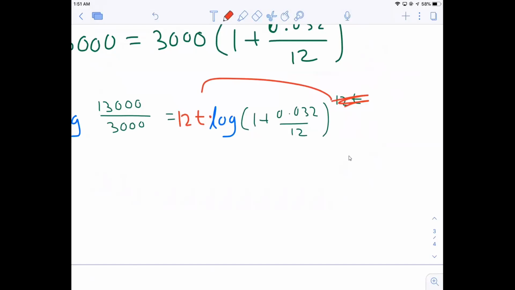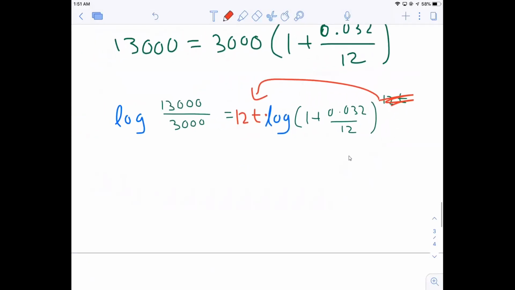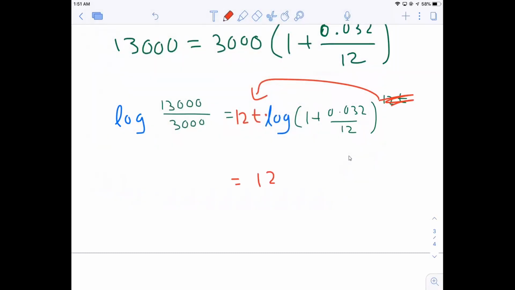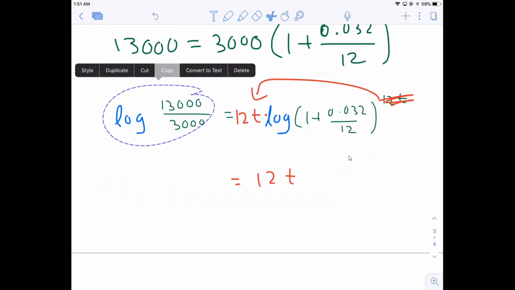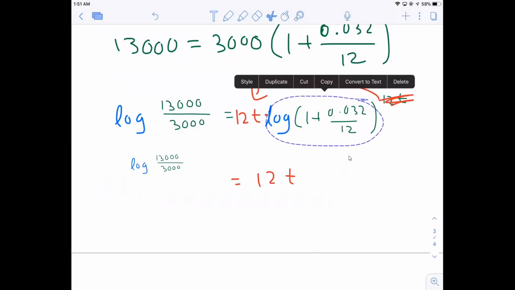So that becomes that. And I'm solving for t, so I'm going to divide both sides by that crazy log. So 12t is going to equal this divided by all of this.